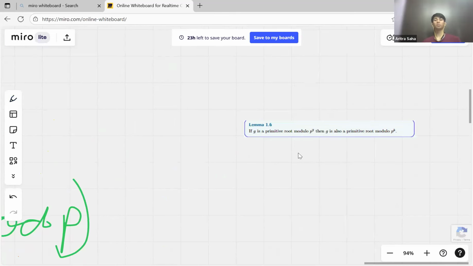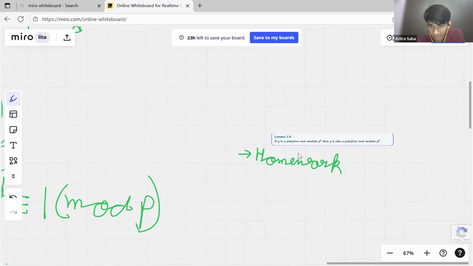If g is a primitive root modulo p square, then g is also a primitive root modulo p to the power k. This is homework. Try this, and if you get a solution, you can DM me in Discord.